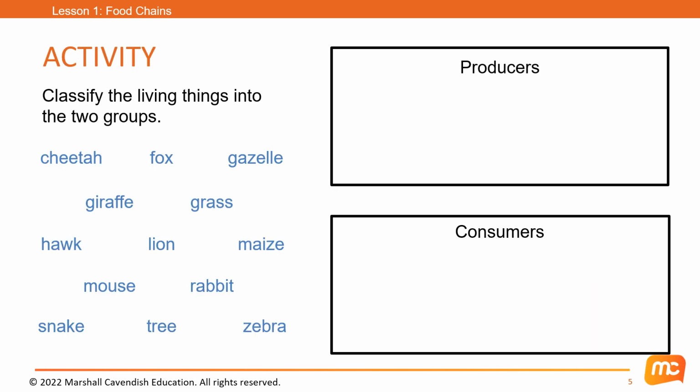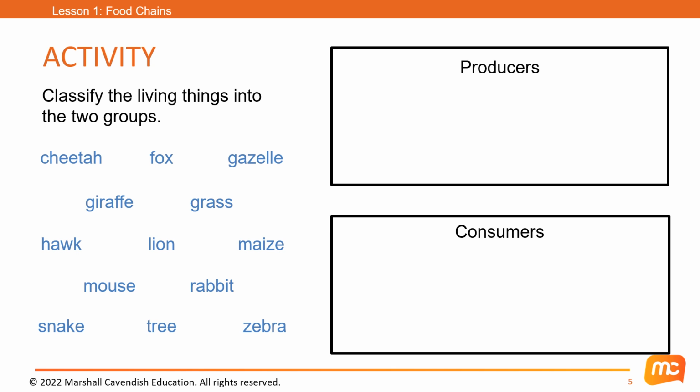Continue by doing this activity. If you see in this picture, we have the activity of classifying the living things into two groups. The first group is producers and the second group is consumers. Living things that make their own food using energy from the sun are called producers.